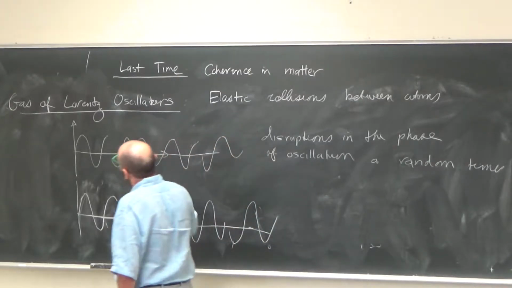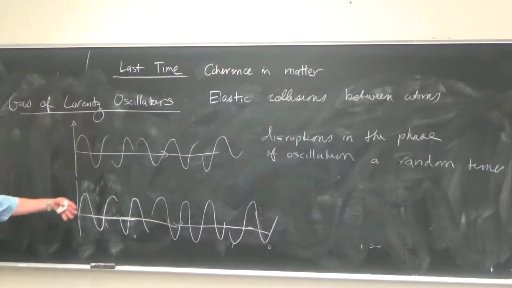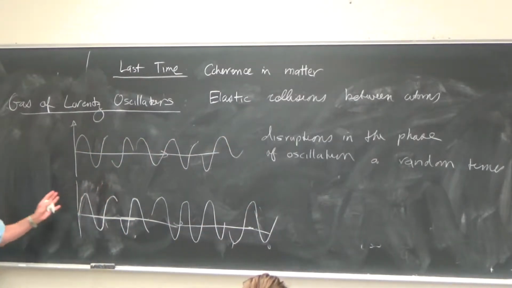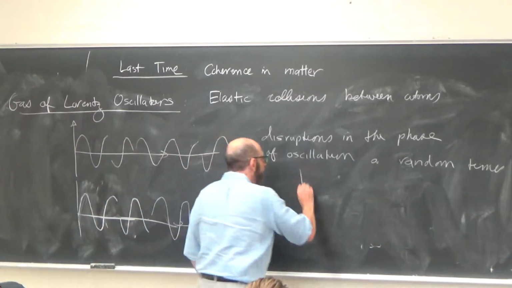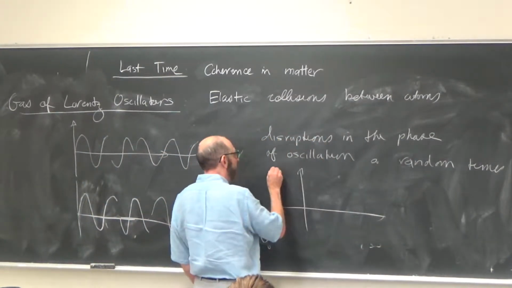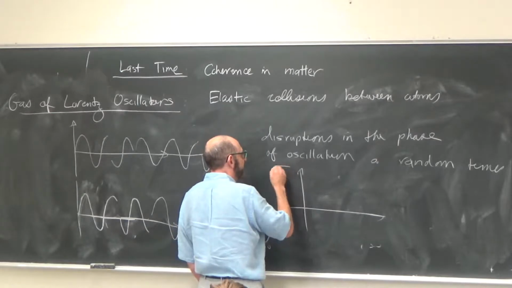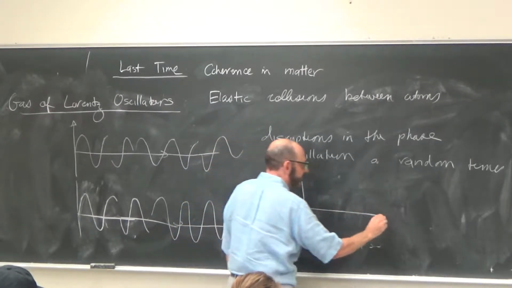So this is some other member of the ensemble which has its own history of random phase kicks. Okay? And if I have an ensemble of very many of these, what is the ensemble average going to look like? Statistical average of this position as a function of time.